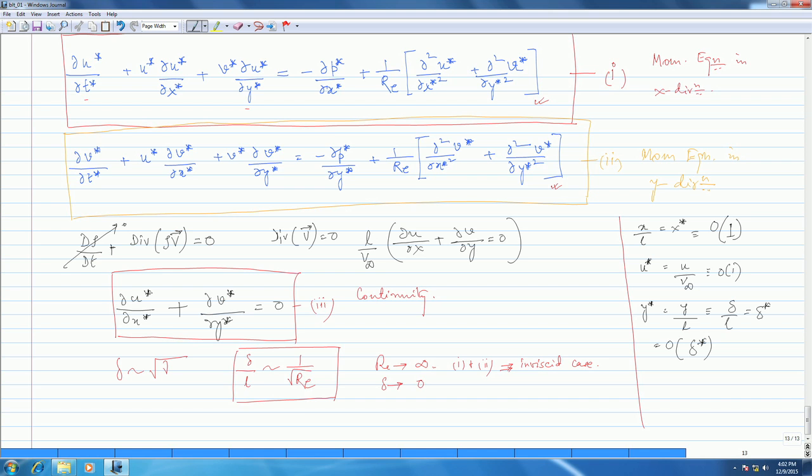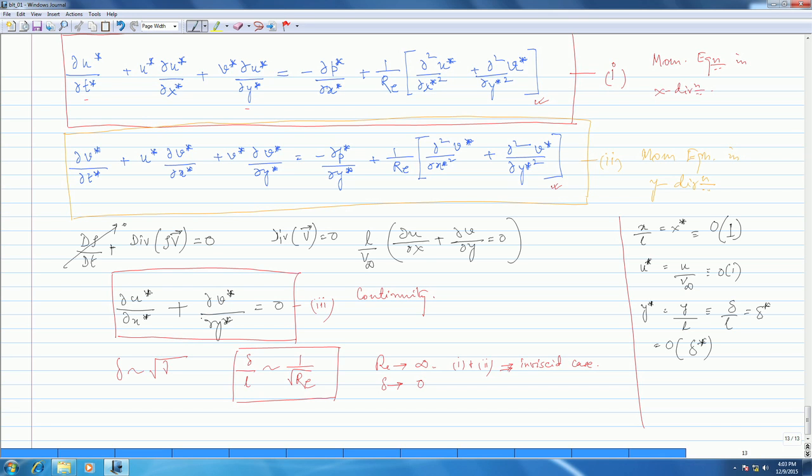Now we have this term del v star by del y star in the continuity equation. As Reynolds number tends to infinity, the boundary layer thickness tends to 0, which means delta star tends to 0. Since y star is of the order delta star, the continuity equation itself becomes degenerate, so we need to do something about that.